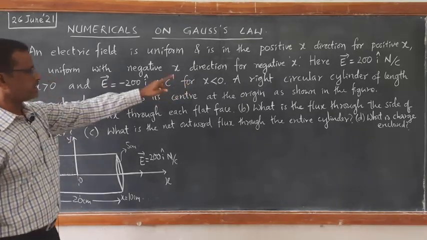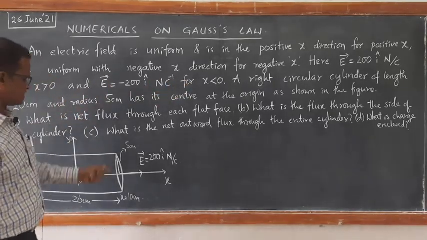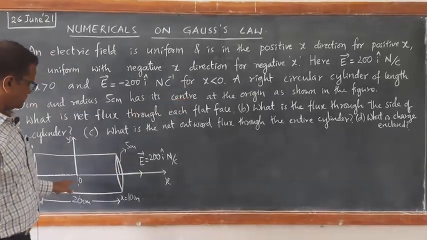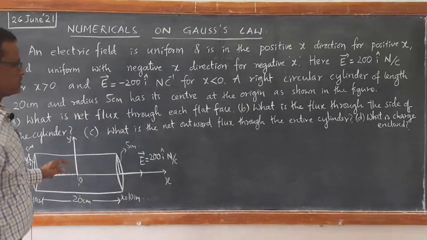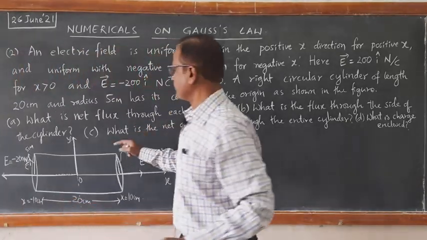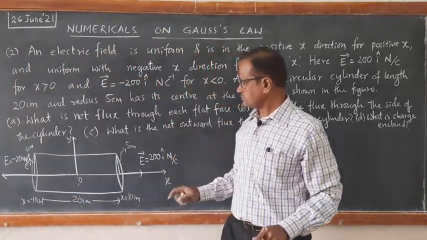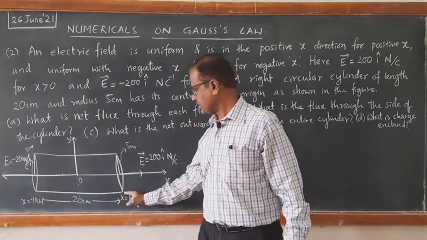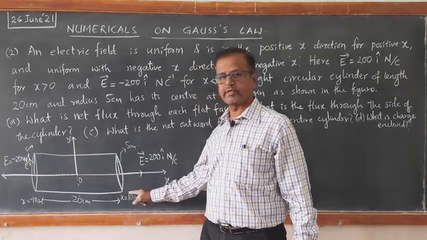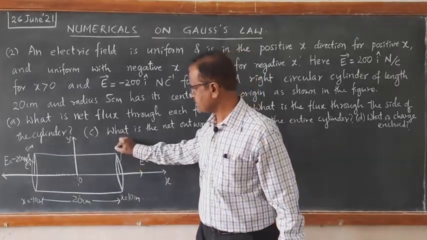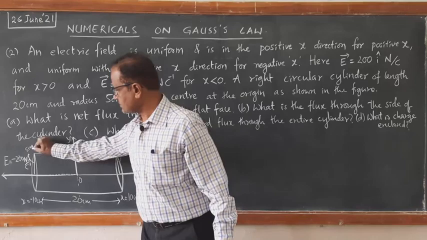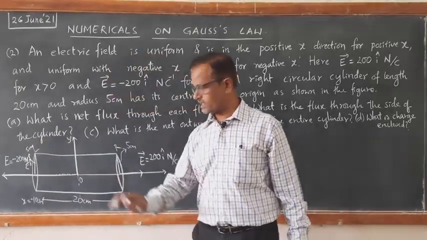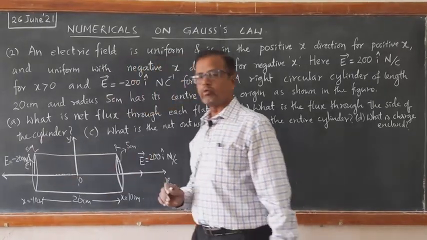Its radius is 5 centimeter and it has its center at the origin as shown in the figure. Now, its flat circular faces are exactly at 10 centimeter along positive x axis, that is the right side face, and the left face is exactly at minus 10 centimeter from the origin, so that the total length of the cylinder is 20 centimeter.